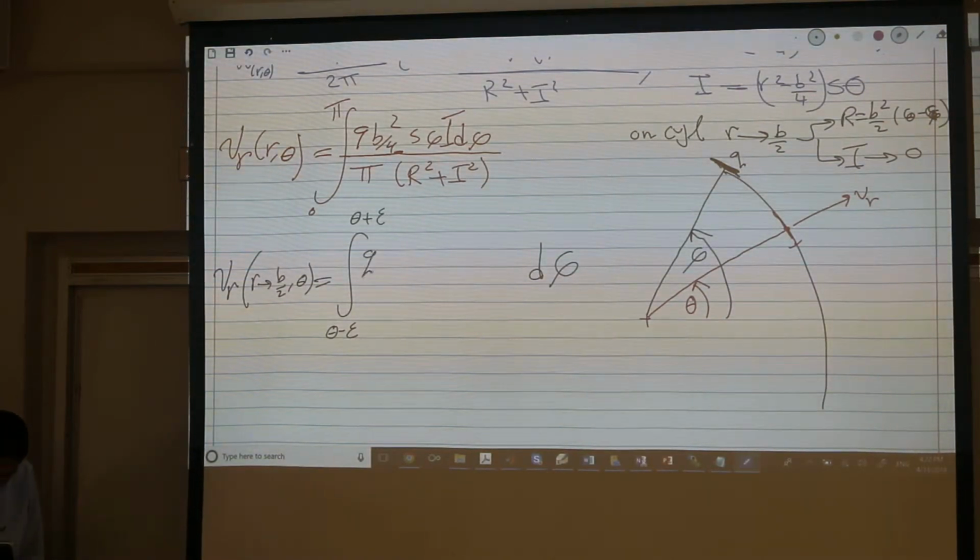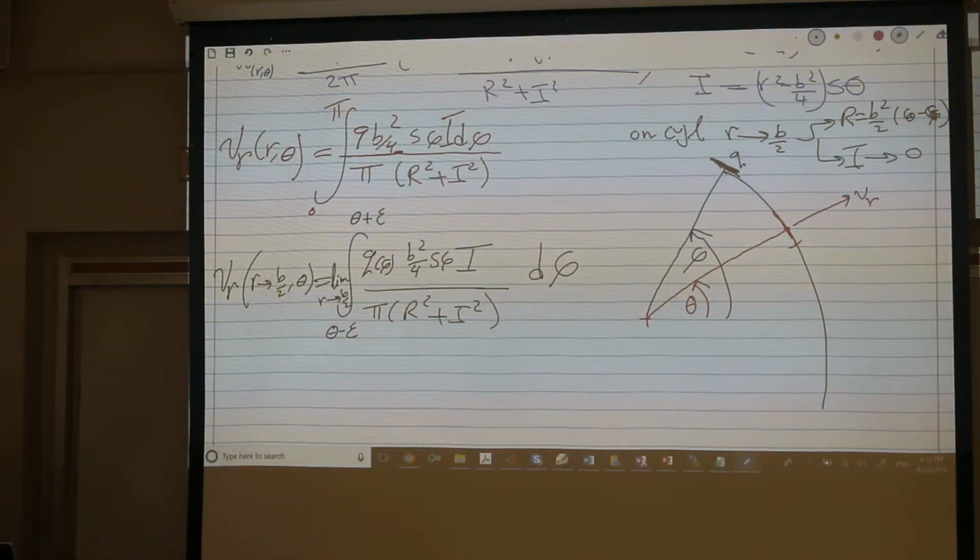So you have Q of phi, b squared over 4 sine phi times I over pi r squared plus I squared. Any question, please? Now we have your limit as r goes to b over 2.